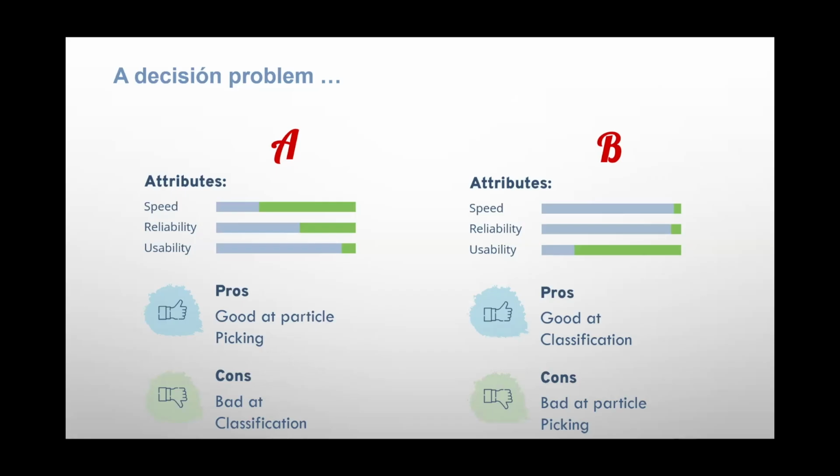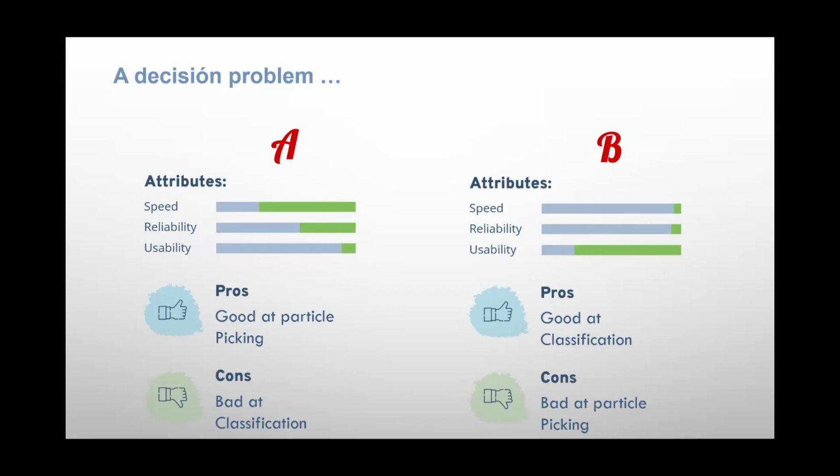So there are pros and cons that we have to take into account in order to decide which one to use. This could be in terms of performance, but there are other variables, like picking. One is good at picking and the other is good at classification, but the opposite, one is bad at picking and the other is bad at classification.